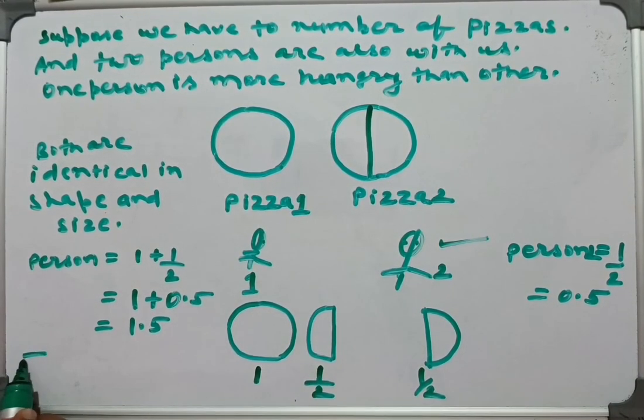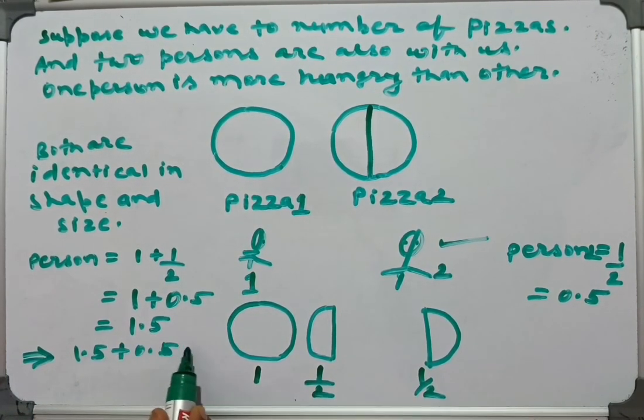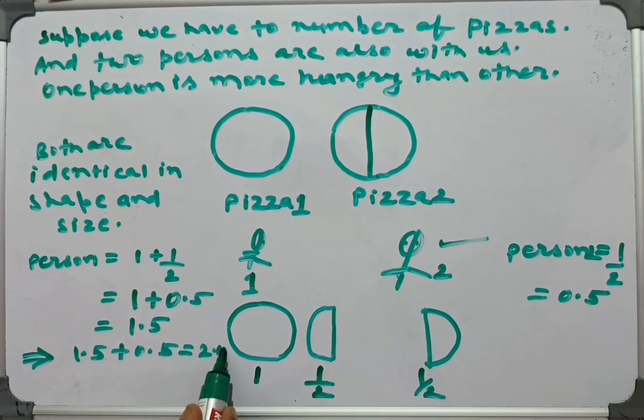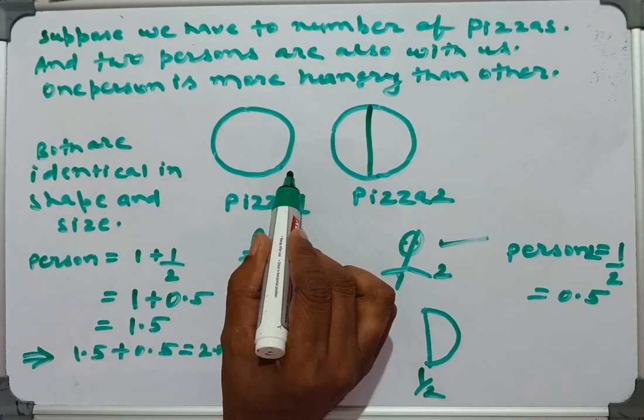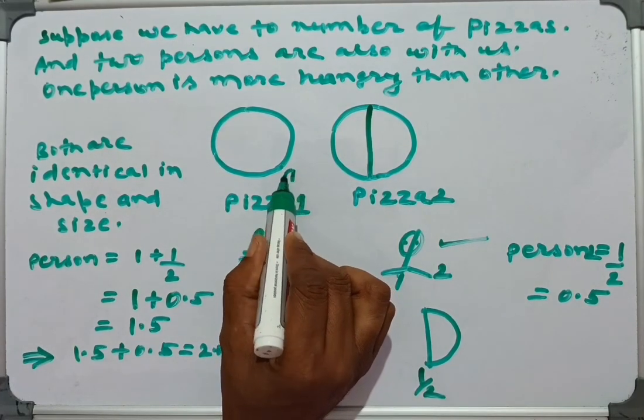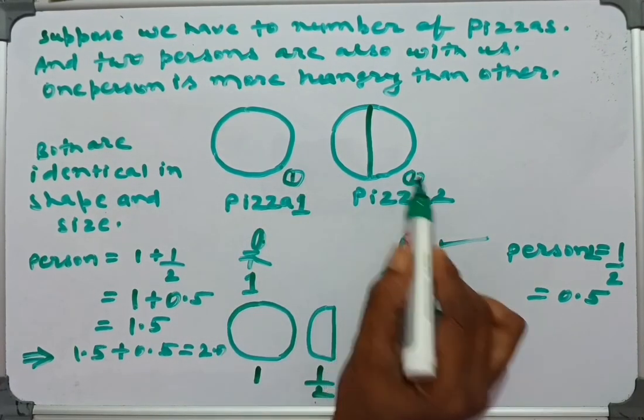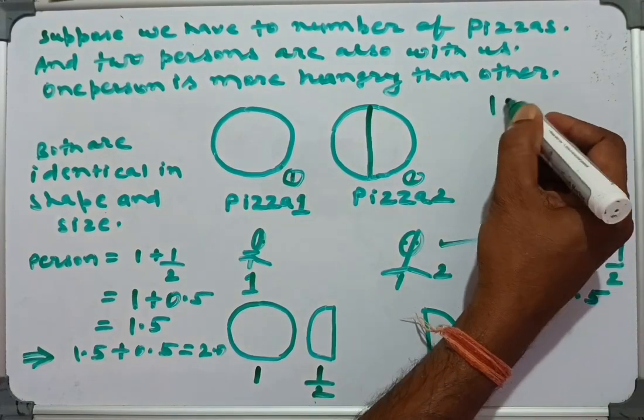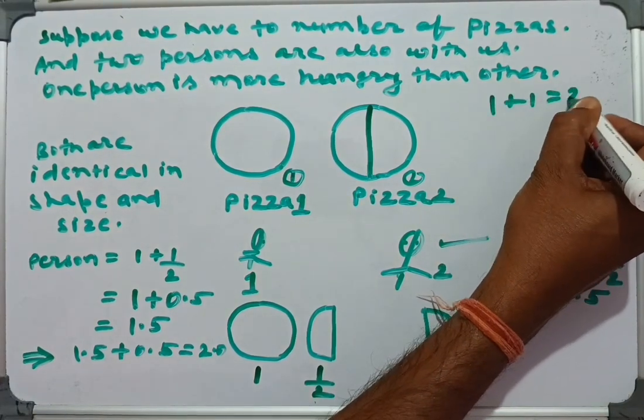Now when you make the addition of 1.5 plus 0.5, then it will be 2, okay. Now see, we have initially one pizza, this is first, this one is a second. Now then 1 plus 1 equal to 2.